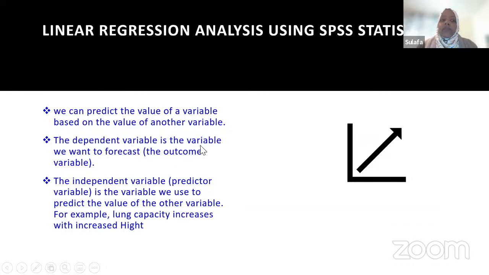The dependent variable is the variable we want to forecast, which is the outcome variable. Usually it is displayed on the y-axis. And the independent variable, another name is predictor variable, is a variable we use to predict the value of the other variable. For example, lung capacity increases with increased height.